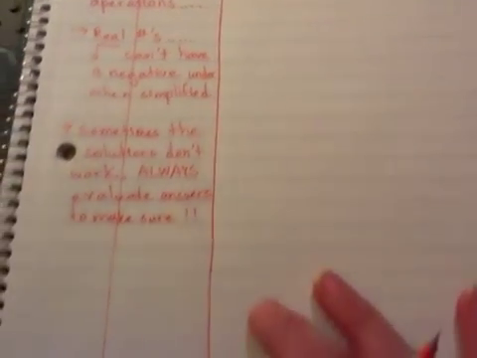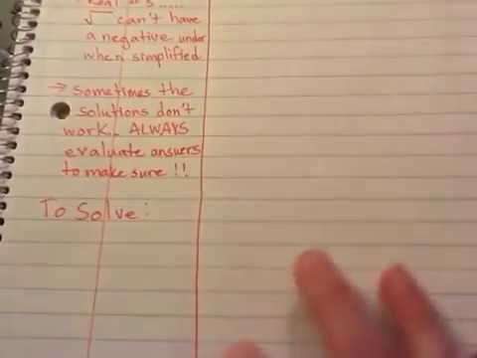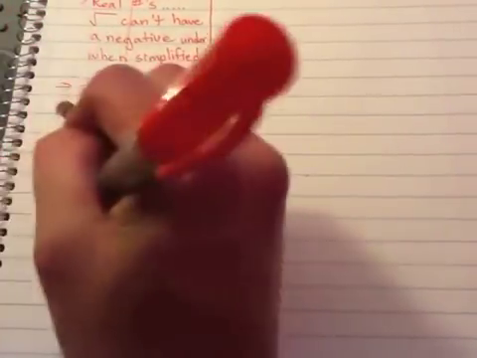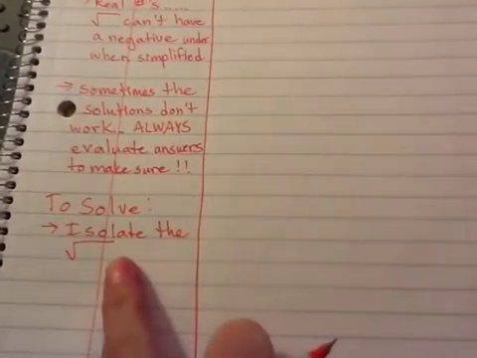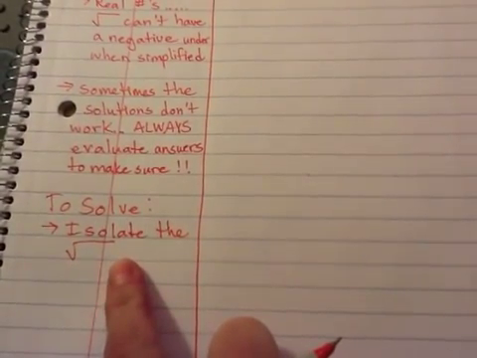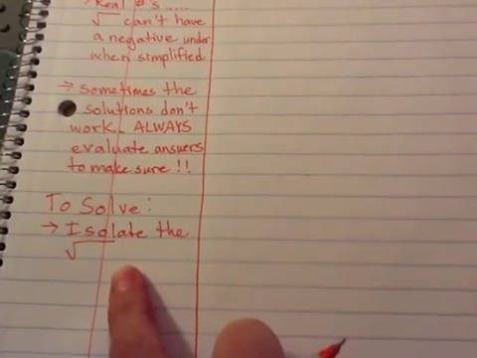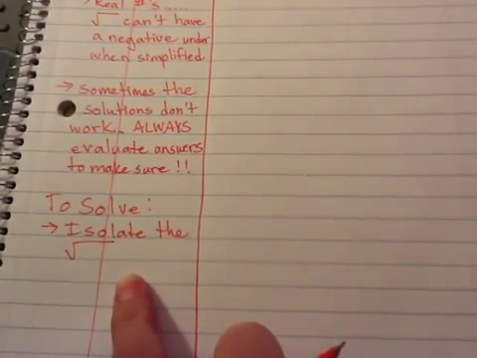Okay, nice thing about this is, again, you already really know how to do this because you've been doing it all year. To solve, you need to just isolate the radical, the radicand. So isolate your square root. It's almost like a variable again. Then we just said in order to get rid of a square root, you're going to square it. So if I'm going to square one side, I have to square the other side.